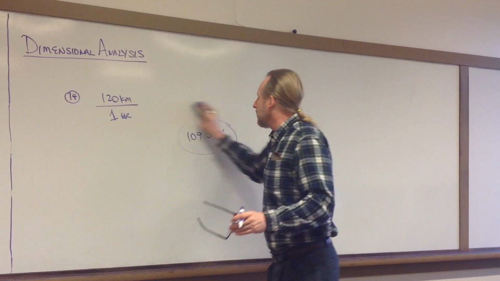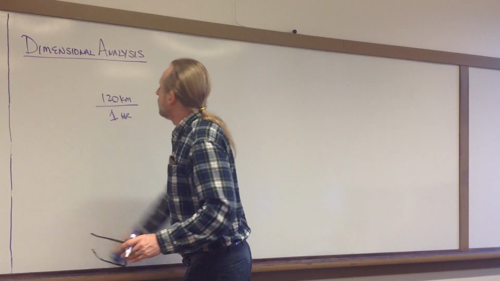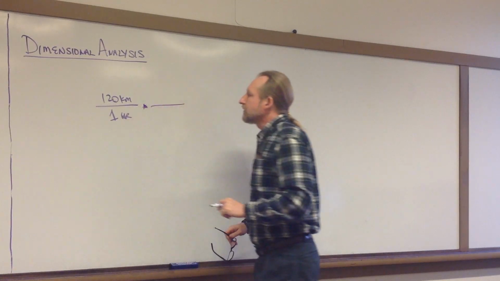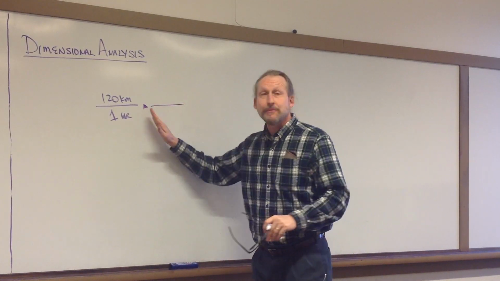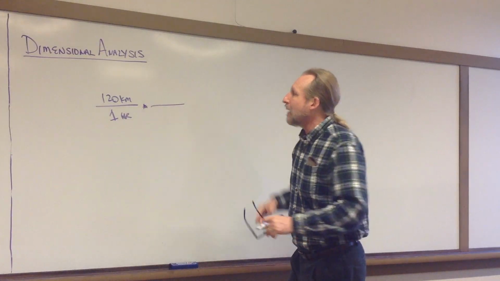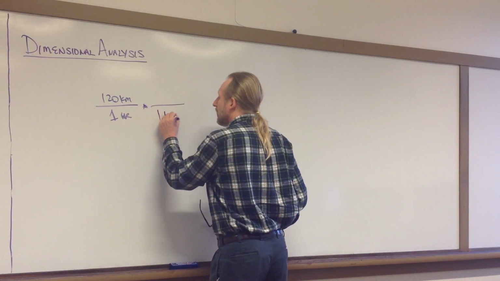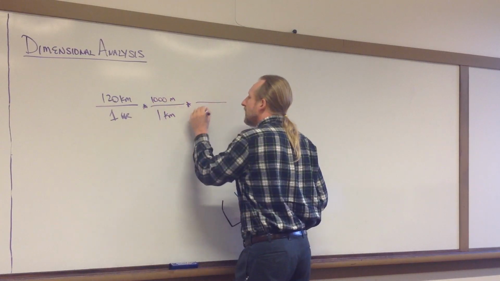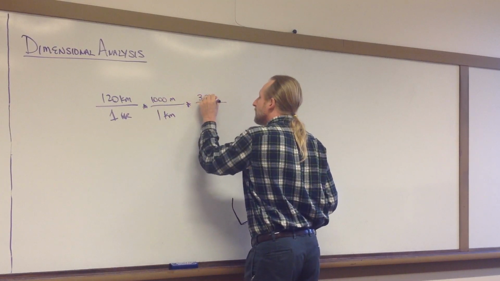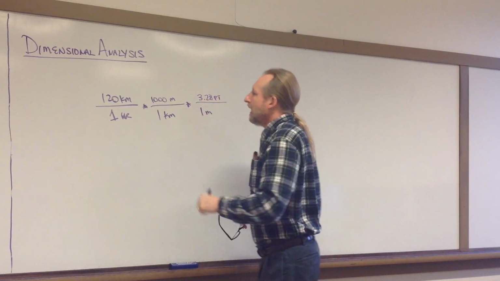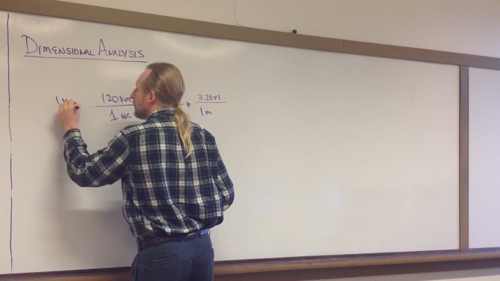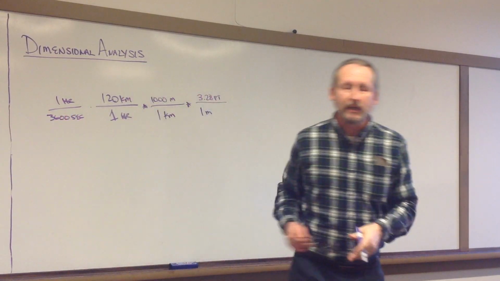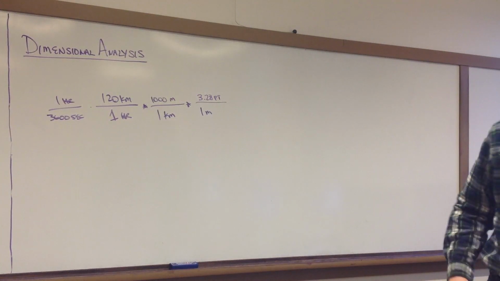Now we can back up and look at doing this with dimensional analysis. It's the same process, but I'm doing it all at once. And again, notice because they're on the same side of the equal sign, they go into the opposite position. So first off, 1 kilometer is 1,000 meters. And then 1 meter is 3.28 feet. And then over here, we could just say 1 hour is 3,600 seconds, instead of breaking it up into two separate conversions.